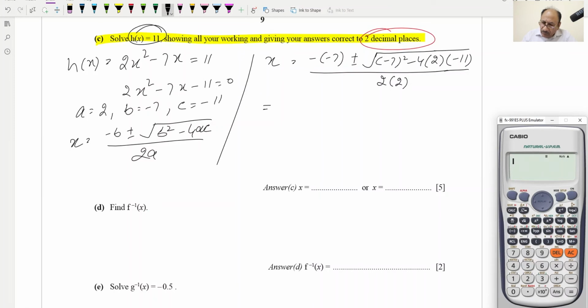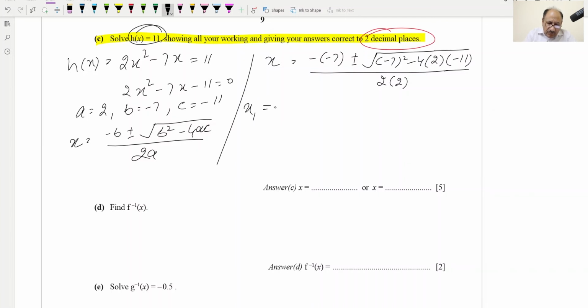So minus into minus will be 7, plus we can take first, and then we'll be taking the negative value. So minus 7 squared will be 49, and minus into minus will be plus 4 into 2 into 11 will be 88, so divided by 4. So this will be giving us the answer as 4.67, or we can write 4.68.